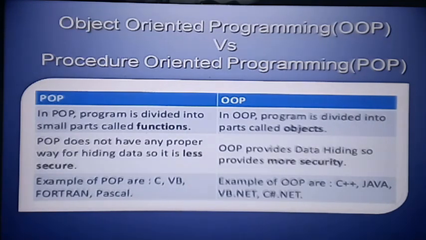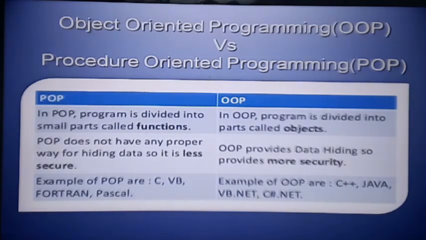Second, POP does not have any proper way of hiding data, so it is less secure. How to hide the data? This is very complicated. So you can say it is less secure compared to OOPS. Now in OOPS, OOPS provides data hiding, so it provides more security. Why?